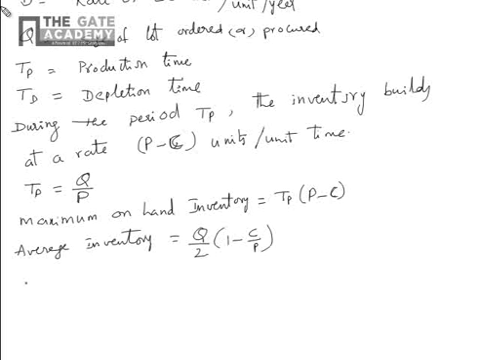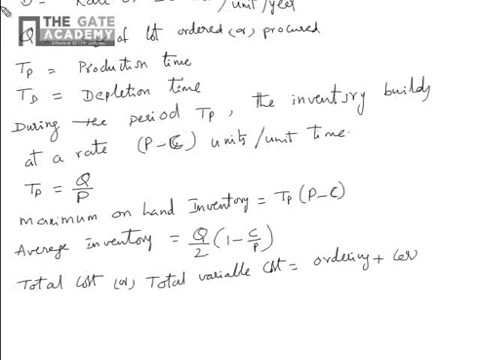So the total cost, or total variable cost. Generally total cost means total variable cost, equal to ordering cost plus carrying cost.